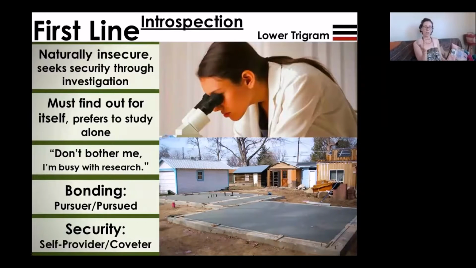So now pursuer pursued becomes their sexual strategy. This is how the 5-1 gets engaged sexually: they want to be pursued by someone, or they want to pursue someone. All right.